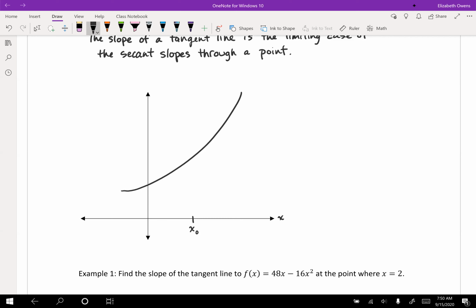And then our other point for the secant slopes is just going to be based off of x naught. We're going to let it be some little distance away called h. And so this point over here is at x naught plus h.